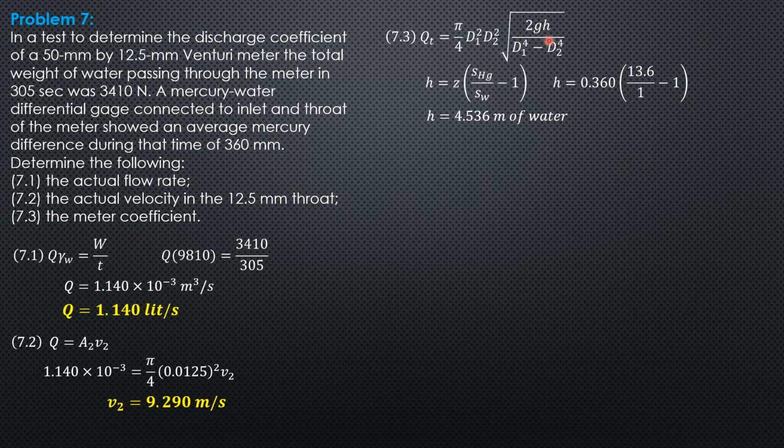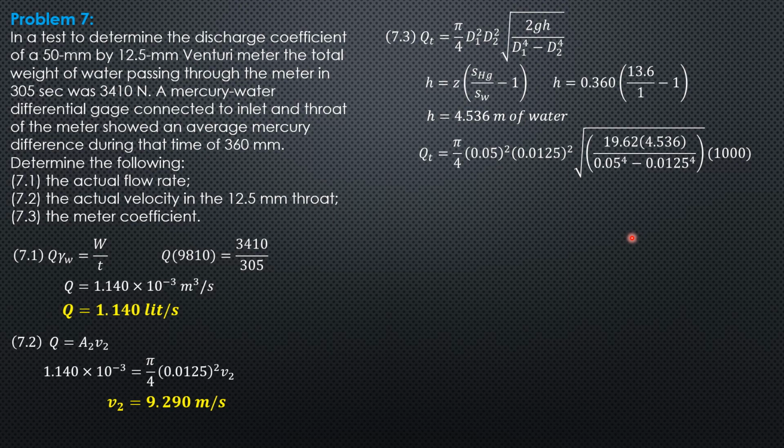So substitute into this equation. Q theoretical is pi over 4 times 0.05 squared, 0.0125 squared times square root of 19.62 times 4.536 over 0.05 to the fourth minus 0.0125 to the fourth, times 1000 to convert it to liters.